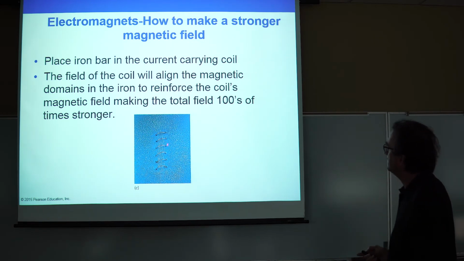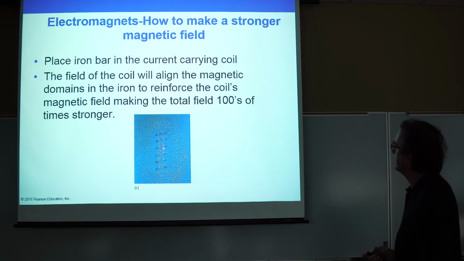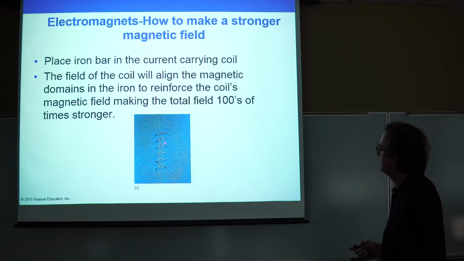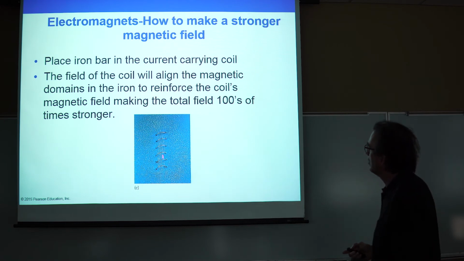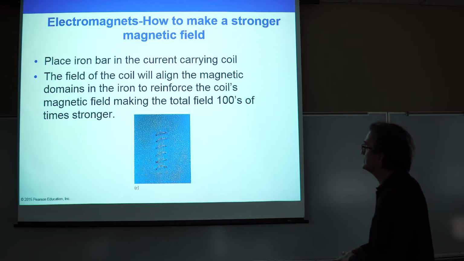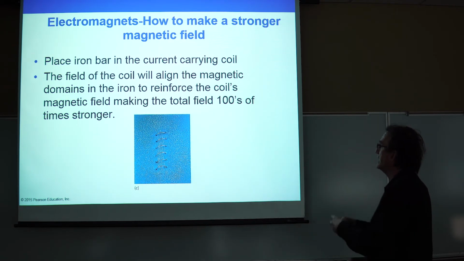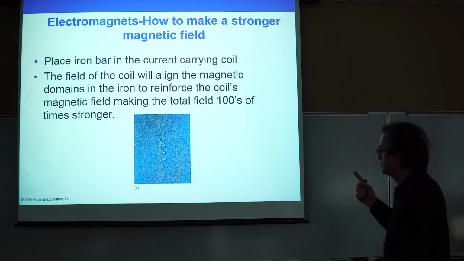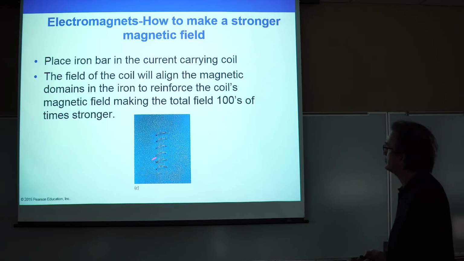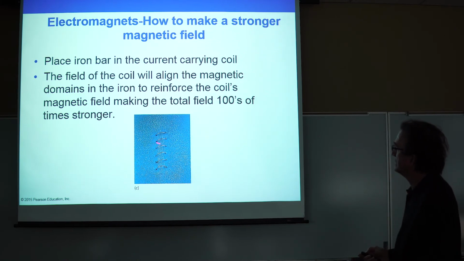And you place a piece of iron right in the middle of this. And what happens now is that we not only get the magnetic field due to the current of the wire creating through here, but we align all of the domains within the iron bar itself, so that we get the sum of the magnetic field of the iron plus the magnetic field due to the circulating loops of charge that is created by the wire.